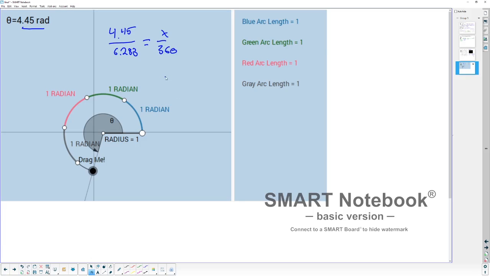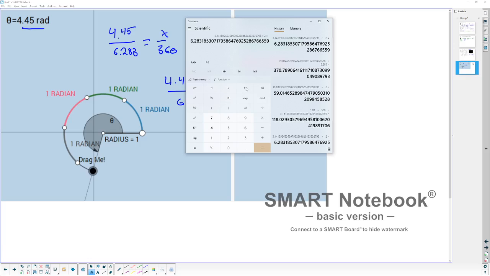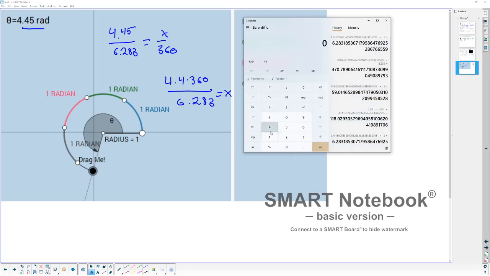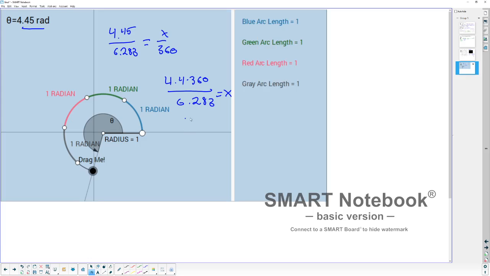Cross multiply, 4.45 times 360 over 6.283. I'll grab the calculator and we'll solve for that. 4.45 times 360 divided by 6.283. And that's about 256 degrees.